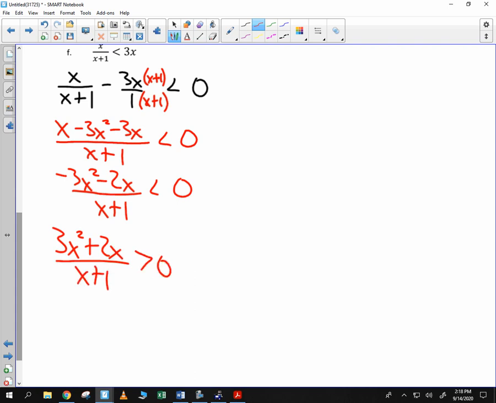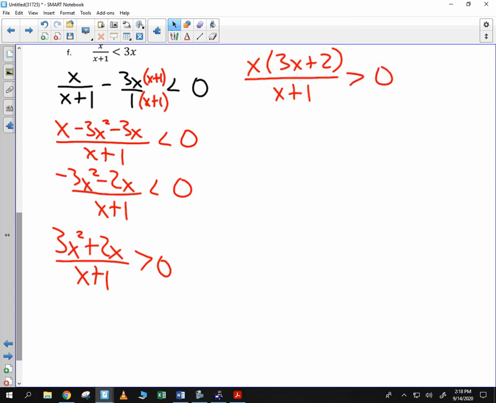And so now we factor. As you take out the x, you're left with 3x plus 2. I am now going to plot. There will be a 0 here, a -1 here, and a negative 2/3 up there.